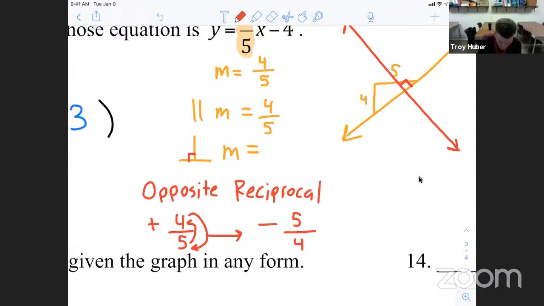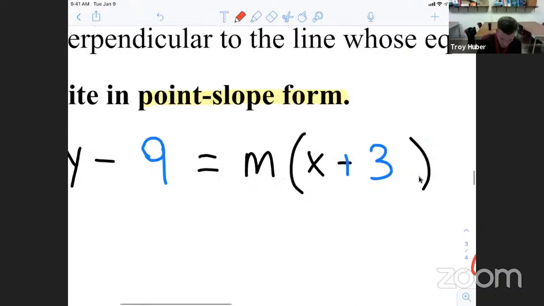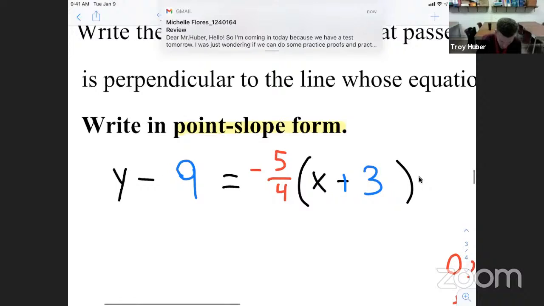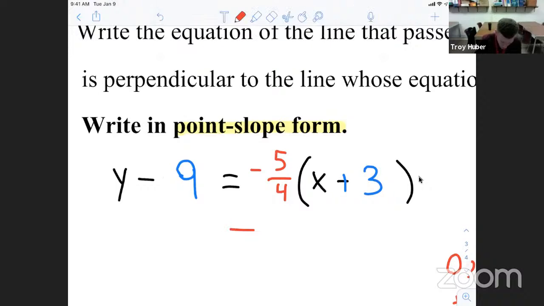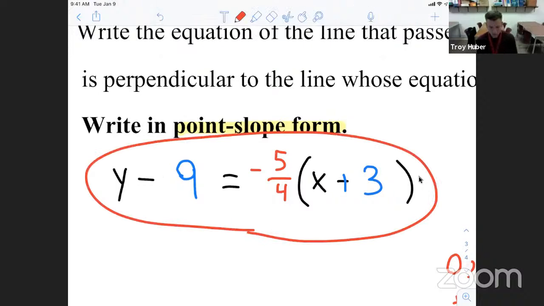So our answer for that perpendicular slope would be -5/4. Okay, so that's what I would plug in for the slope of this line, -5/4. So this would be our completed formula in point slope form.